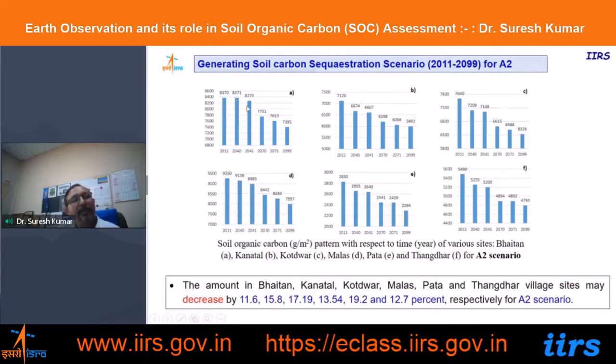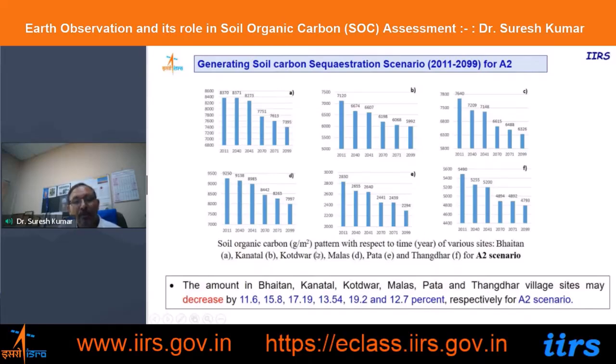Because of increased rainfall in the coming years, erosion will be more, the top layer of soil will be washed out, and the carbon storage will be minimized. Also, because of the rise in temperature, more decomposition will take place, and therefore carbon will be oxidized into CO2 in the atmosphere.